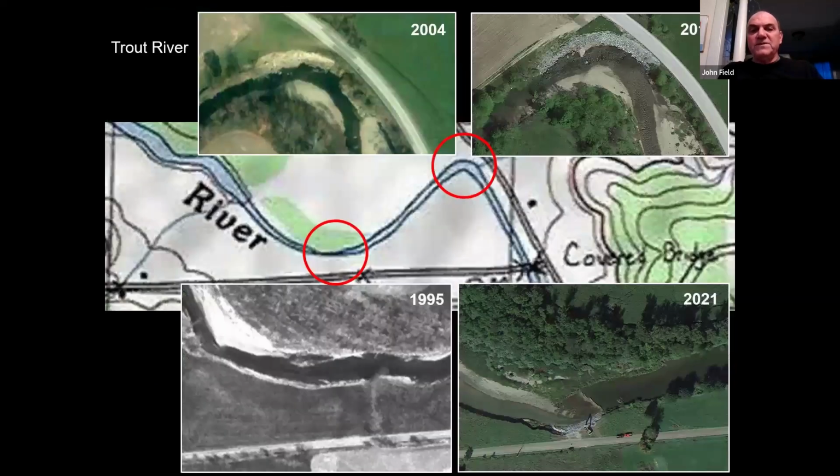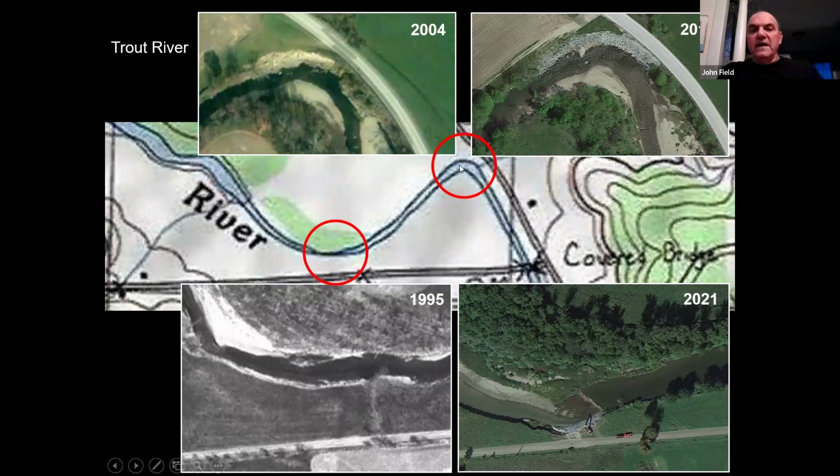We see the same sharp bends on the Trout River. This is the bend I showed you earlier that's migrated 150 feet as the river tries to soften that bend rather than being so sharp. That erosion makes that bend more open and less sharp.